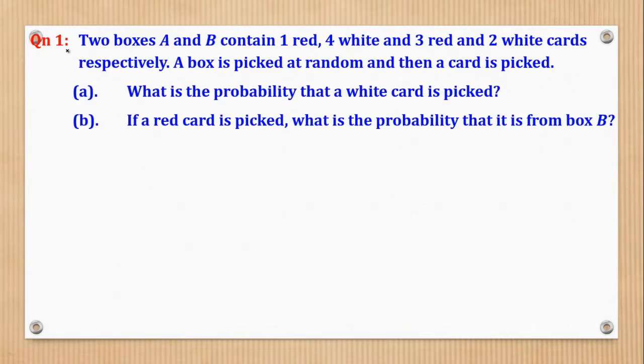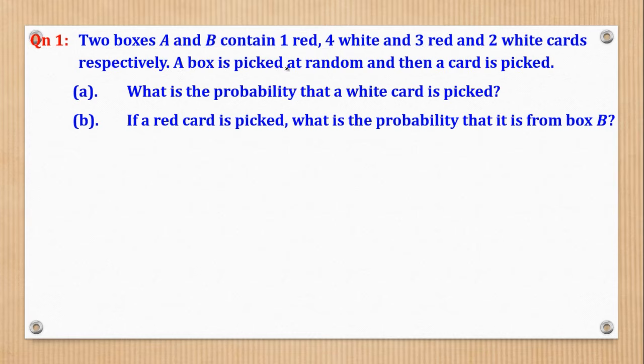So with that we shall go through these questions. Question 1. 2 boxes A and B contain 1 red, 4 white and 3 red, 2 white cards respectively. So box A has 1 red and 4 white, and box B has 3 red and 2 white.